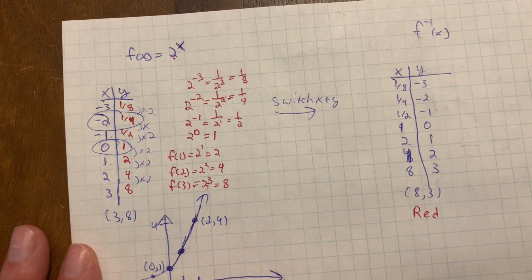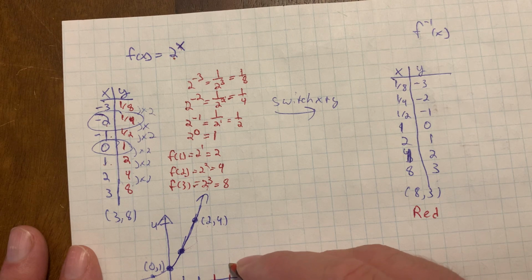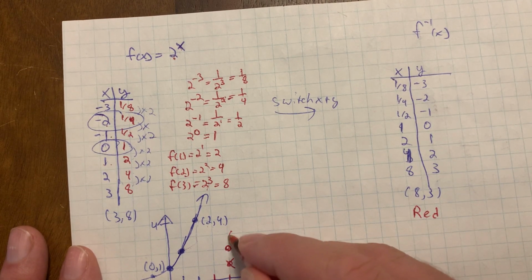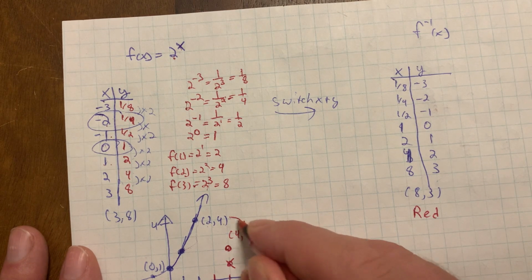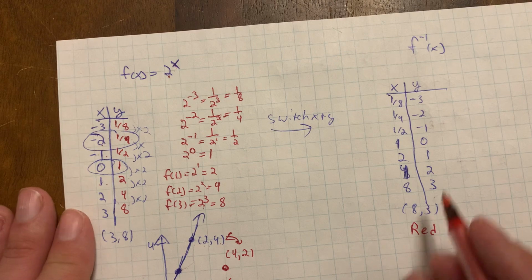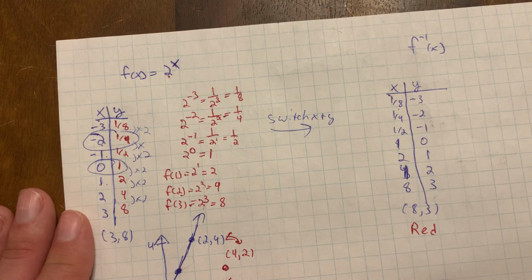And we also could have just taken the points on this graph and switched the x and the y. For instance, 2, 4 would become 4, 2. I apologize, 4, 2. And that's coming from switching the x and the y. But I'm just going to graph these points in the table because I've already made a table of it. When x is 1/8, y is negative 3.